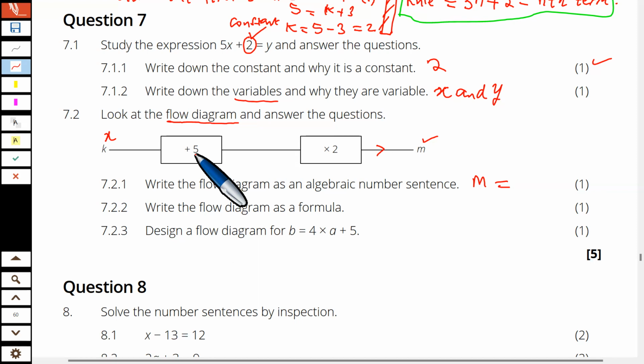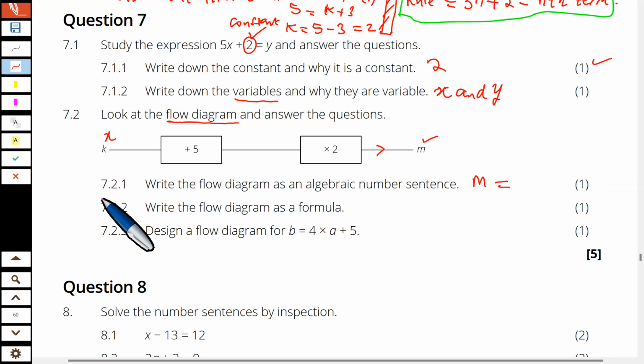Write the flow diagram as an algebraic number sequence. So you have k, and 5 is added to it. Then 2 multiplies the whole thing, and you get m.